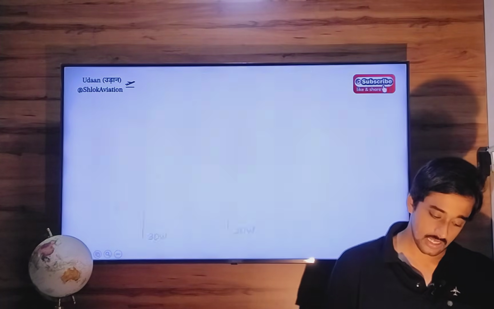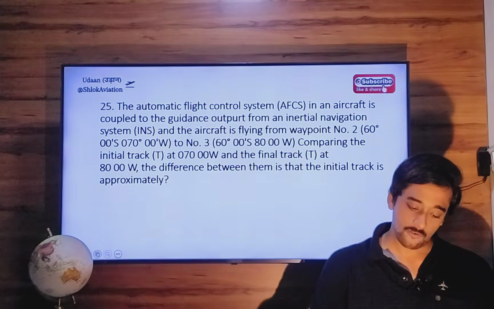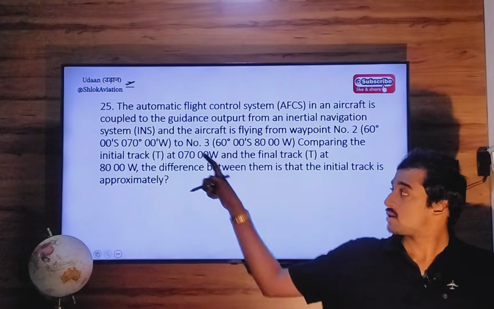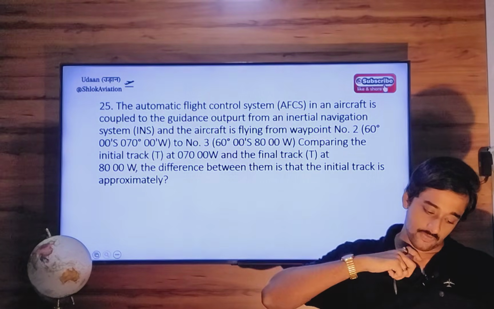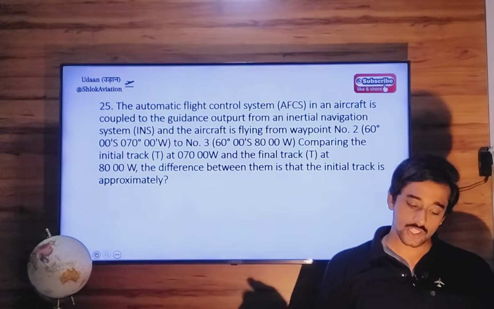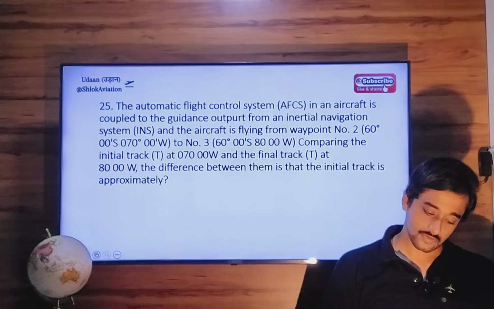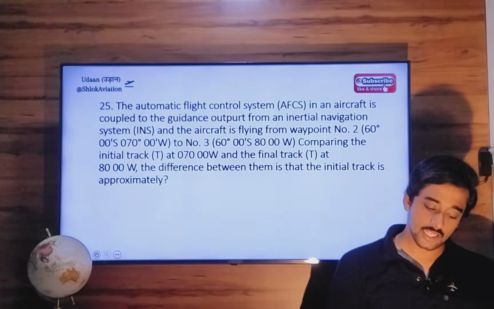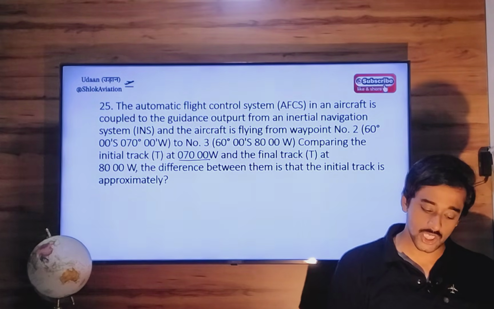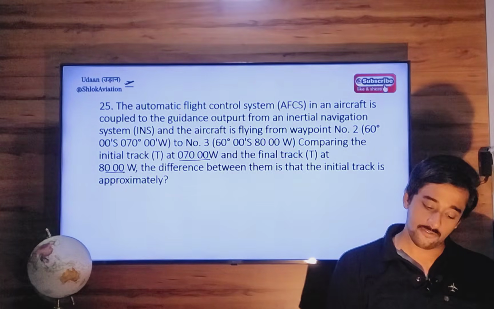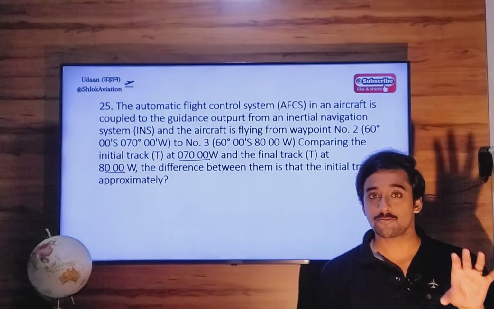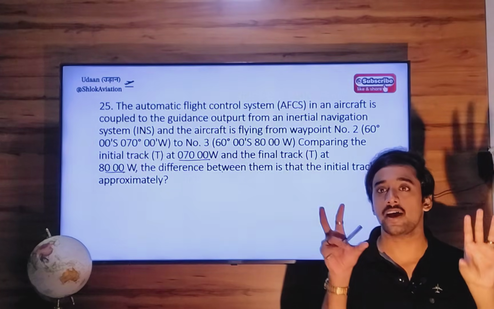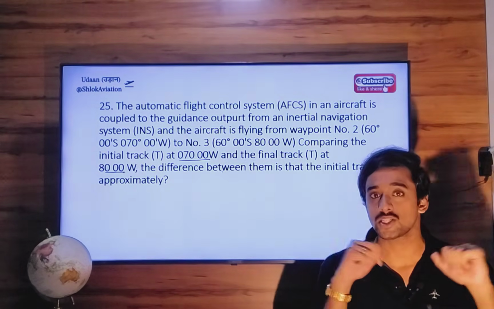Next, you are flying from 60 degrees south, 70 west to 60 degrees south, 80 west. Initial track at departure is, comparing the initial track at departure and final track at destination, the difference between them is what? The difference between initial great circle track and final great circle track is equal to convergency.